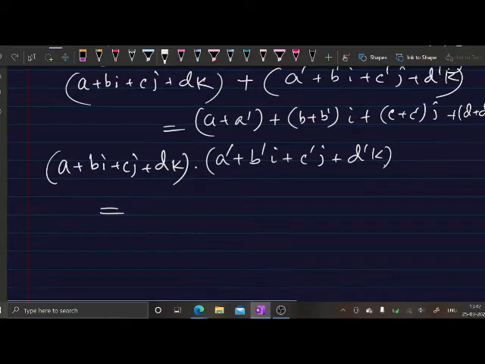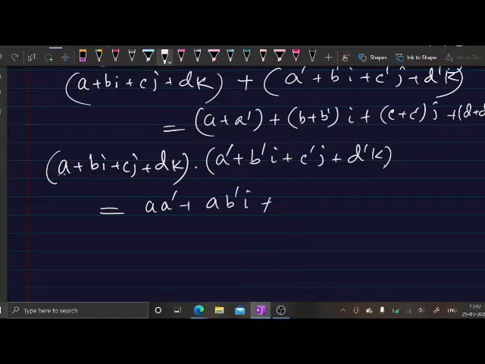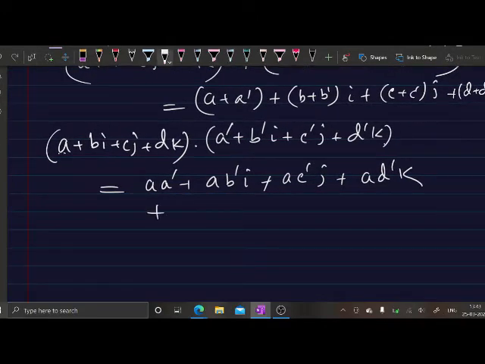So that means just a a dashed, a b dashed i, a c dash j, a d dash k. Okay, then again come back to this one, bi a dashed.